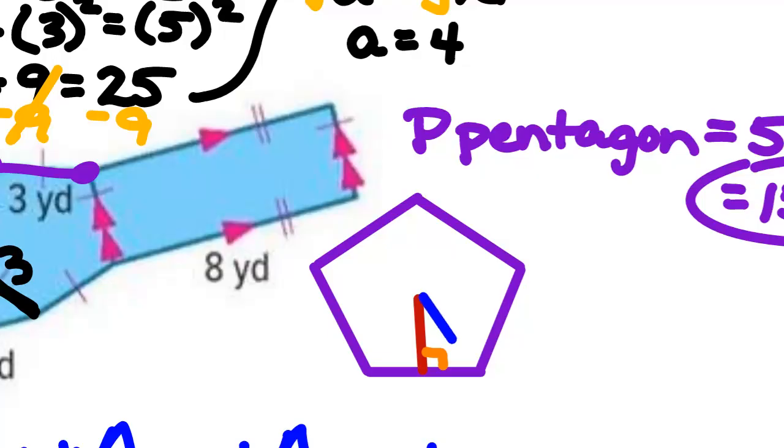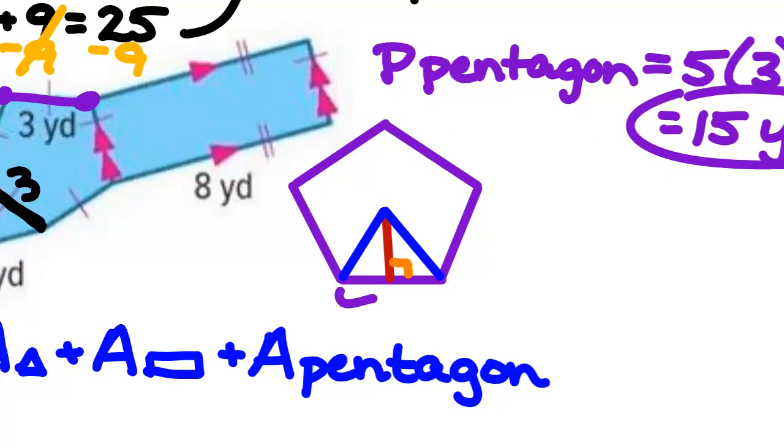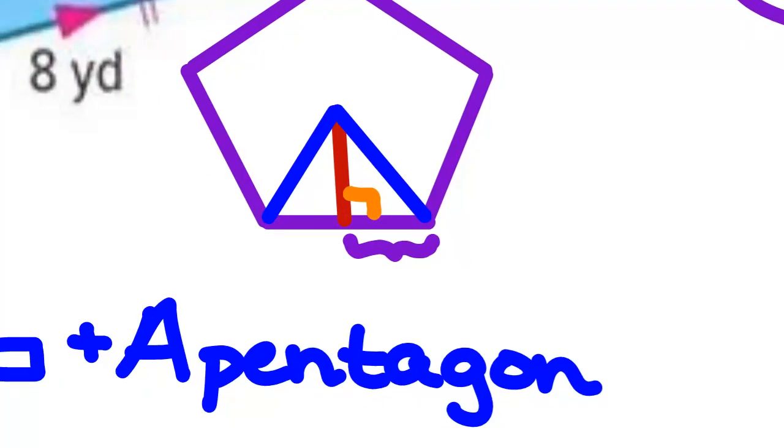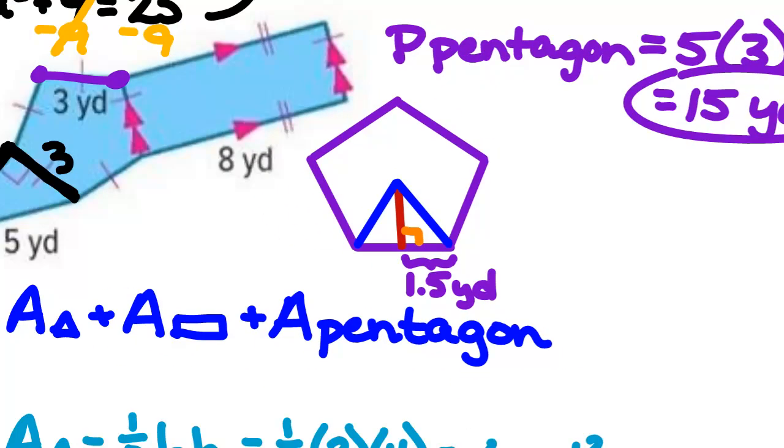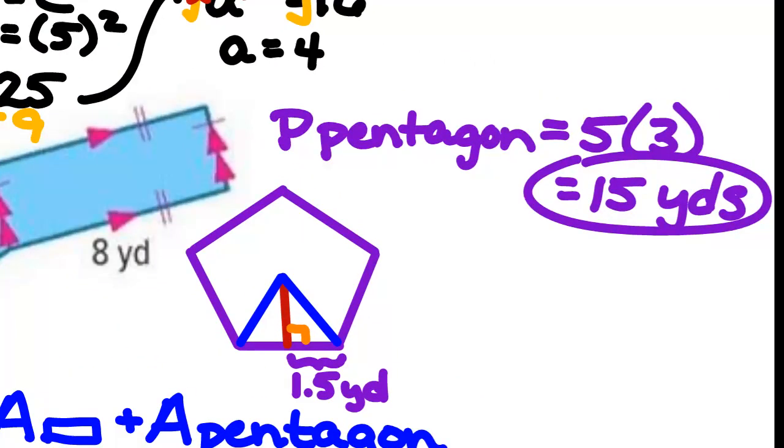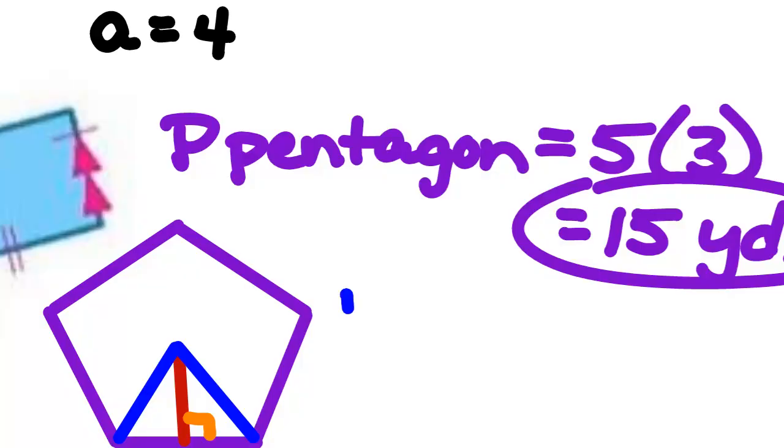I'm going to go ahead and draw in 2 radii as well, because we need half the central angle. And also, while I'm here, if each side of the pentagon is 3, how big is this half right here? 1.5. 1.5 yards.